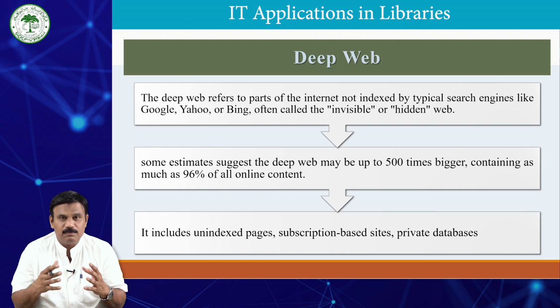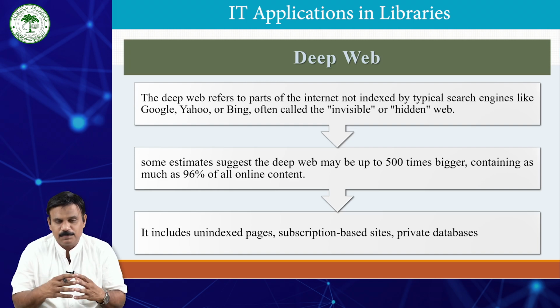So there we have to discuss what the deep web is. The deep web refers to the parts of the internet which are not indexed by typical search engines like Google, Yahoo, Bing, or other search engines.